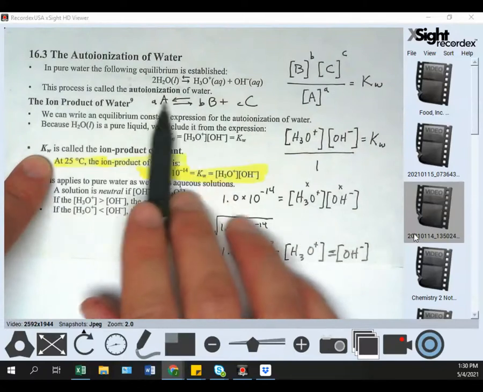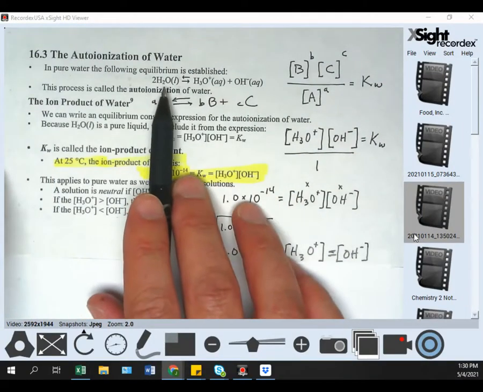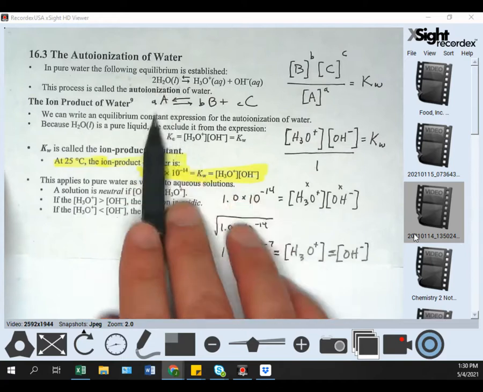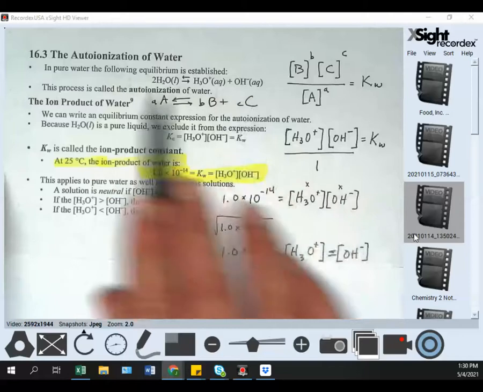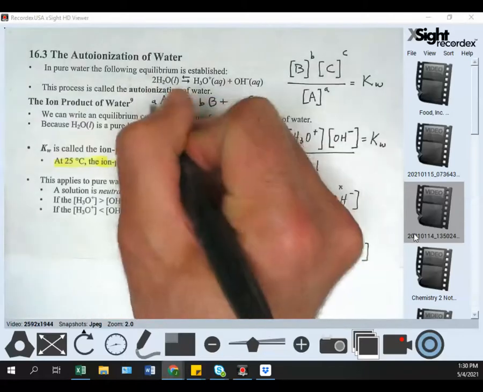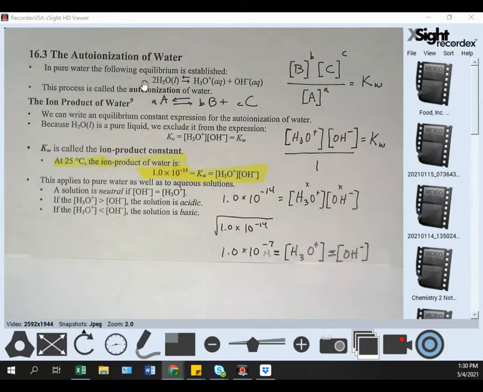Now what I've done here is I've put in variables for the different parts of this. Can you guys see it? The lowercase a, b, and c are the coefficients.